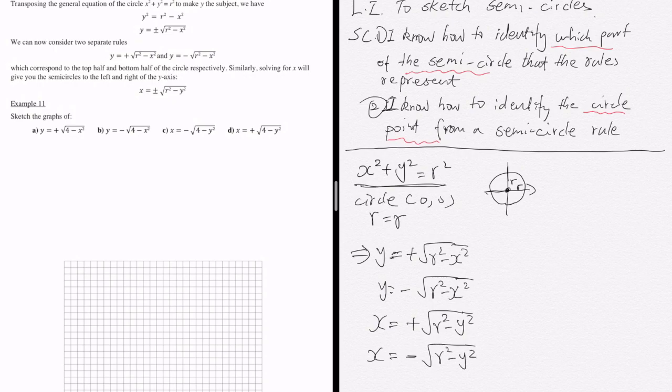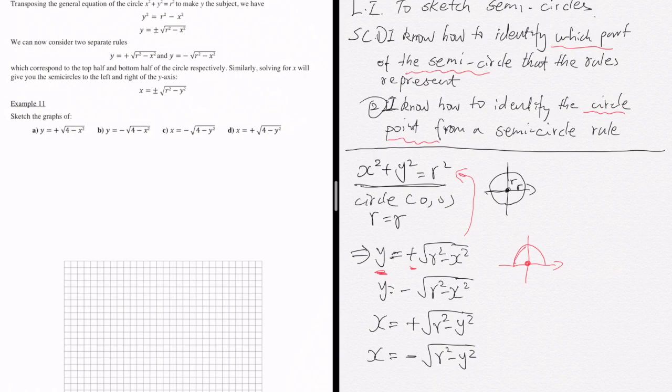As we discussed in the classroom, this one makes y the subject. If we have a positive square root, that means we have a positive y, so we will have the top half. Because this formula is generated from the circle formula, we know the center point is (0, 0), so I can draw my graph of the top half like this straight away.